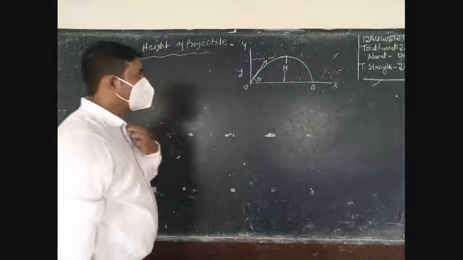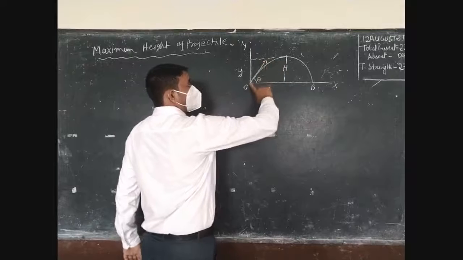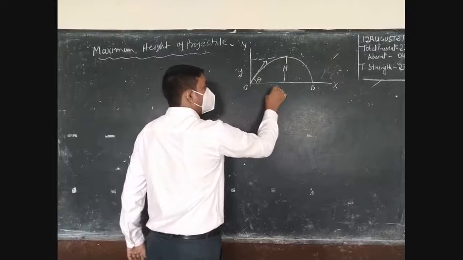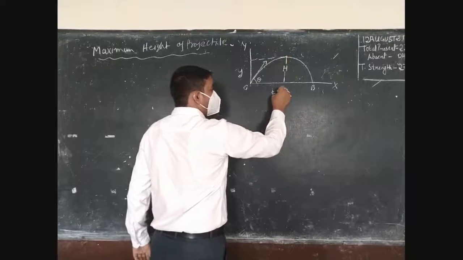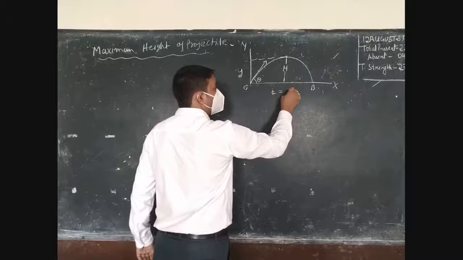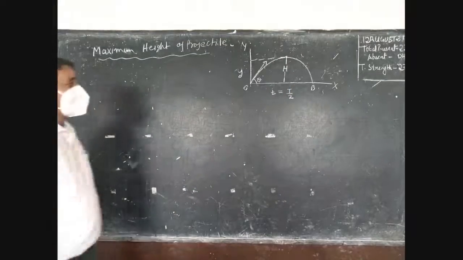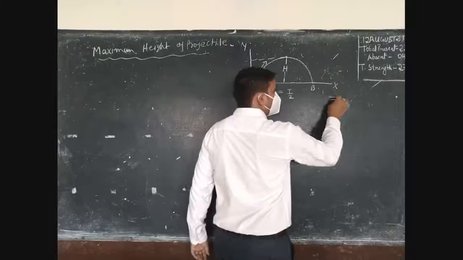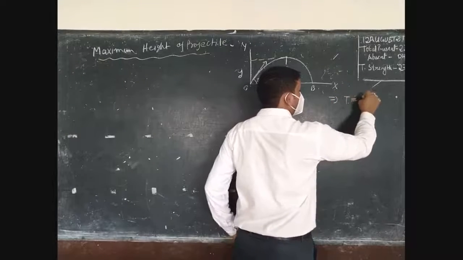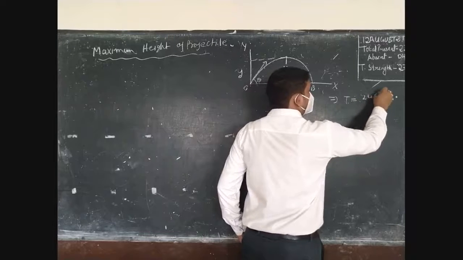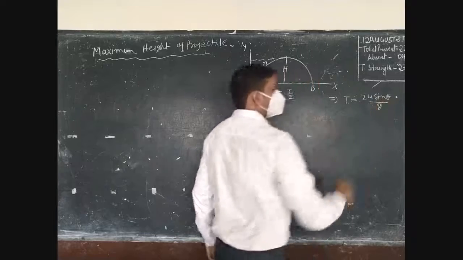Okay, so when we are projecting, to calculate this height we are calculating the time to reach there only. So this is half of the time of flight. Clear? And the value of time of flight is 2u sin theta upon g.